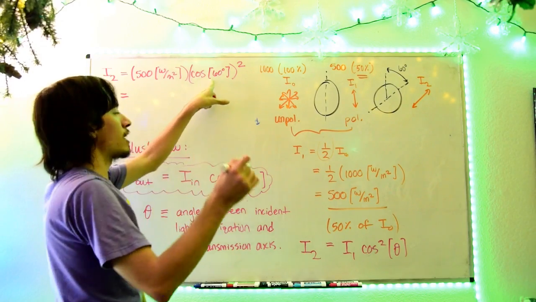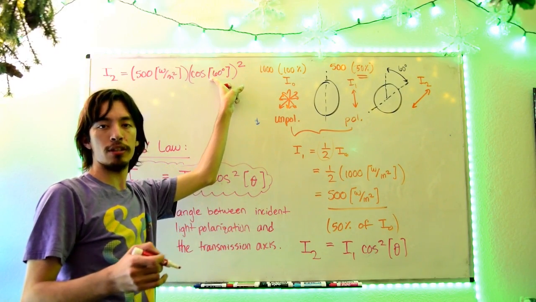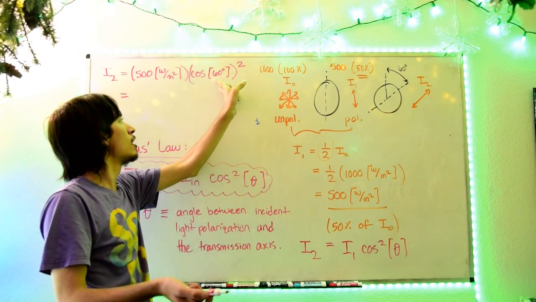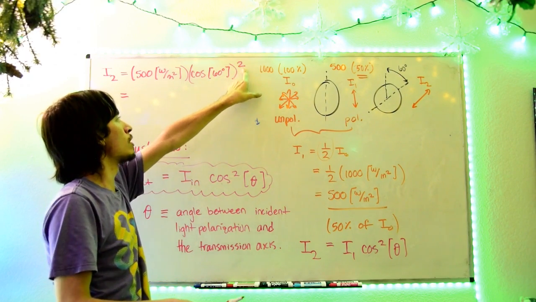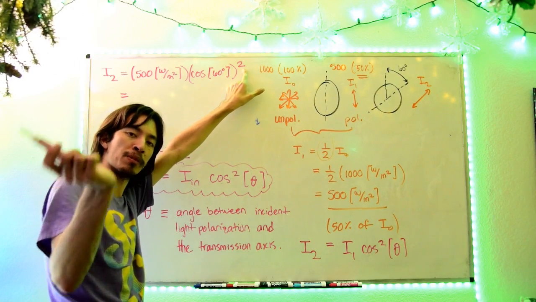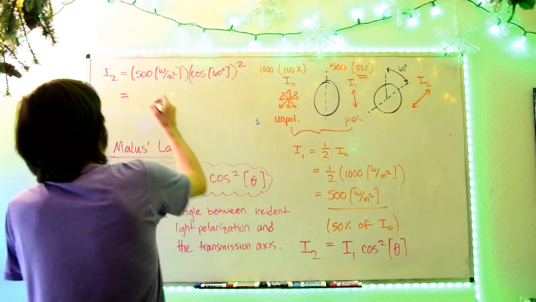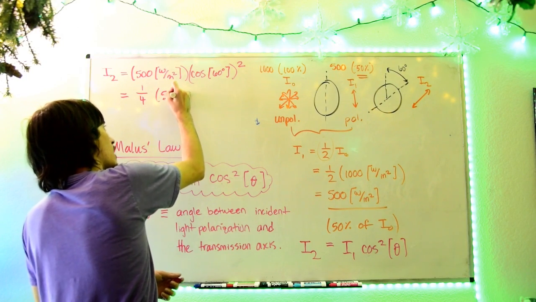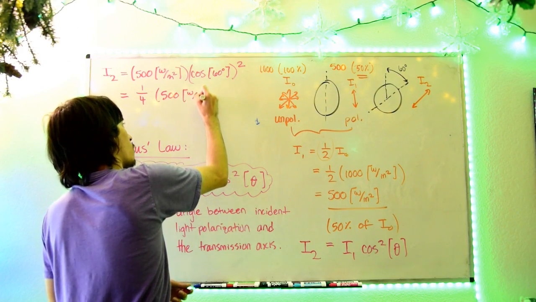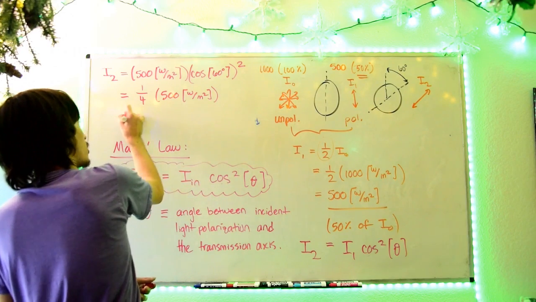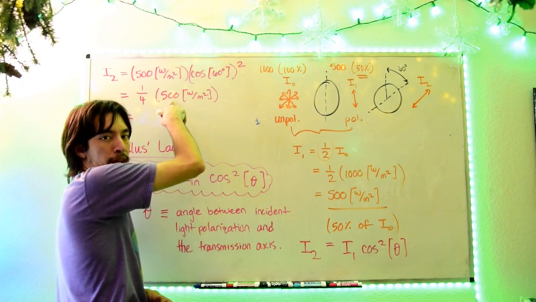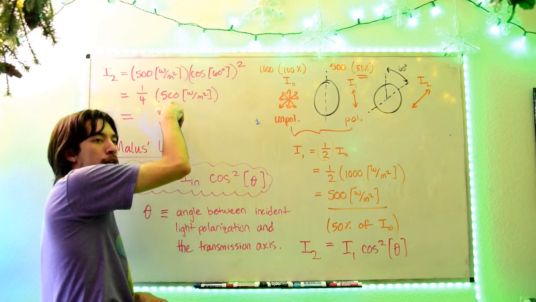Now, the cosine of 60 degrees is actually a half. So if you plug in the calculator, it's just 0.5. But you square it. So instead of a half, it becomes a fourth. So actually, we have that it's a fourth of 500 watts per square meter, which gives us, if you cut that in half, it's 250. And if you cut it in half again, it's 125.